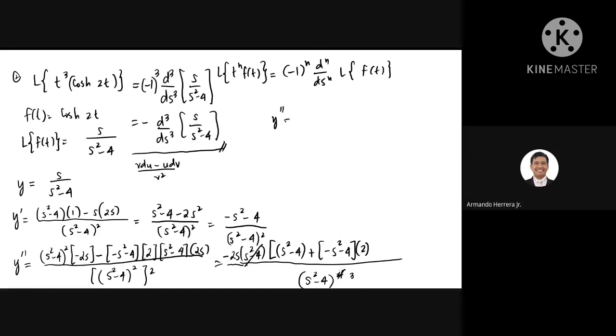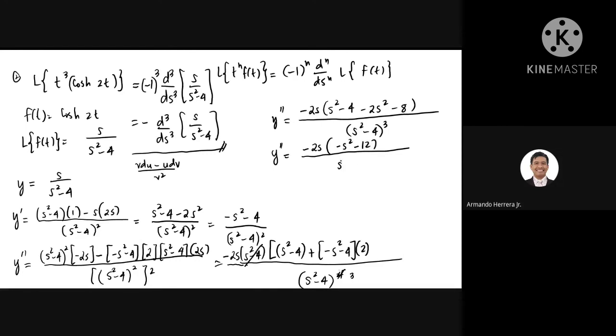Then y double prime here is over (s squared minus 4) cubed: negative 2s times the quantity (s squared minus 4), minus 2s squared minus 8. So this is minus 2s squared minus 8. So y double prime is negative 2s times negative s squared minus 12, over (s squared minus 4) cubed.